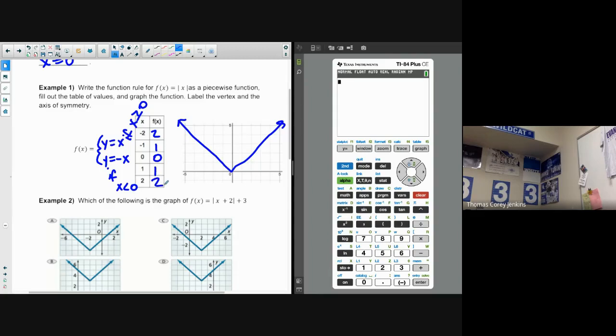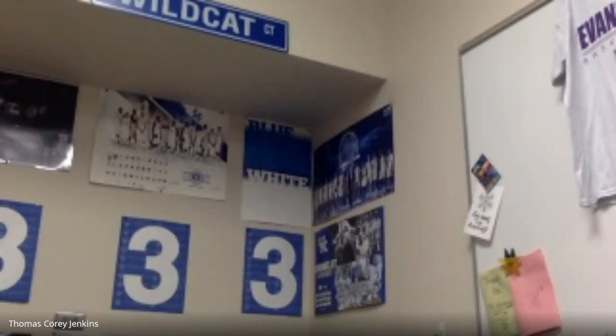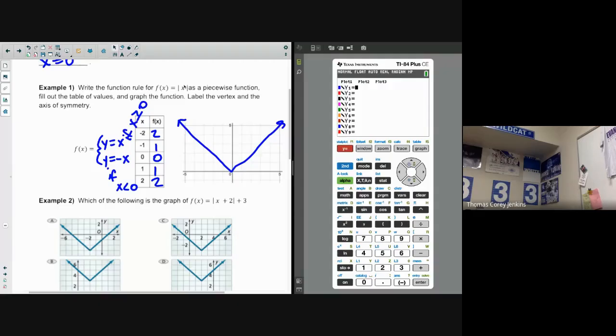And just to show you how you can get that quickly in your graphing calculator, it would look like this. Anytime I want to graph a function, I'm going to go to y equals on my graphing calculator, and we want to just graph the rule, the absolute value of x. So absolute value is under math, and then you want to go to number, so arrow over, and then it's the first one, ABS.